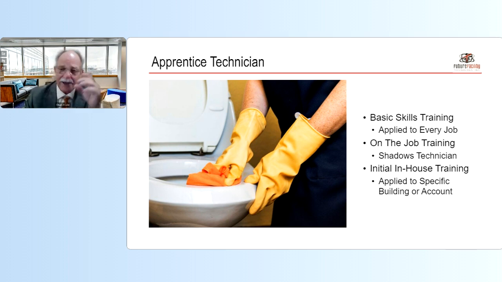And you might have initial in-house training, which is applied to a specific building, a specific account, a specific set of buildings that you might be doing. That might require actually being in that building to learn how to clean it because of whatever its specialty arrangement is.